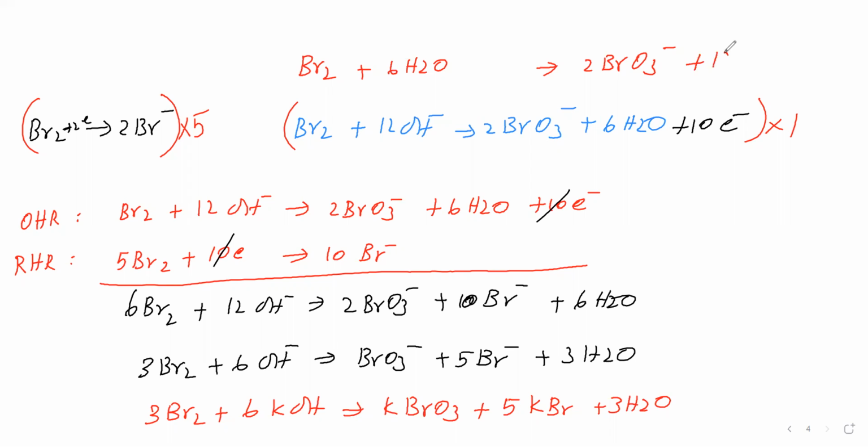Therefore, write 12 water molecules. How many water molecules you have written, that many OH minus ions you write on the opposite side, 12 OH minus ions. Like this, we balance hydrogen in basic medium. But in acidic medium, directly we can use H plus ions for balancing hydrogen. Basic medium means like this only we have to do. This is called a balanced equation. Let us complete.